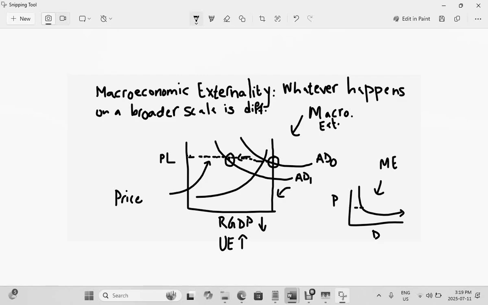The wage or price is sticky. It doesn't change, even though the output, the unemployment, and the real GDP may change.